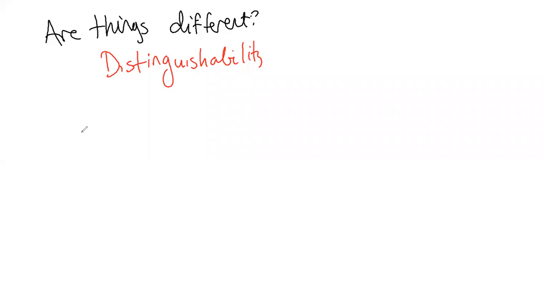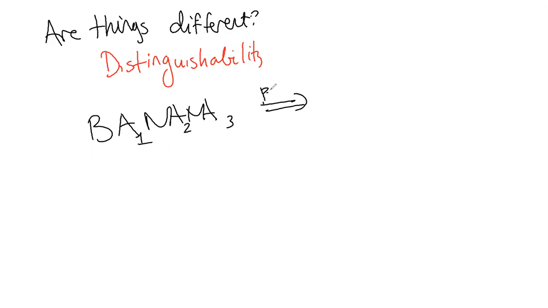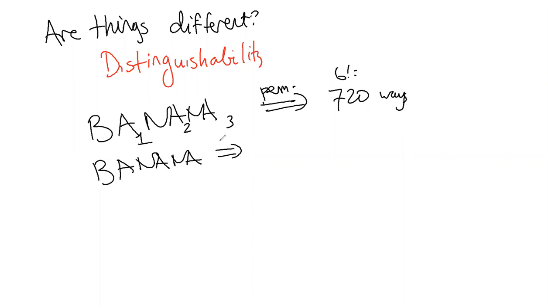We learned that, for example, if we have banana, and I give a label to every single letter like this, then it can be arranged in 720 ways, right? This is 6 factorial. But if we know that they're treated as the same, then there are 6 factorial, but then we have to divide by 6 to get 120 ways, right?